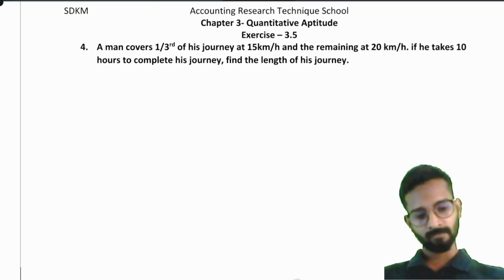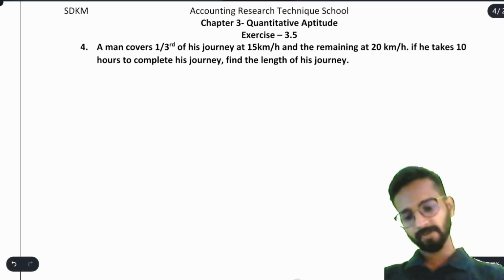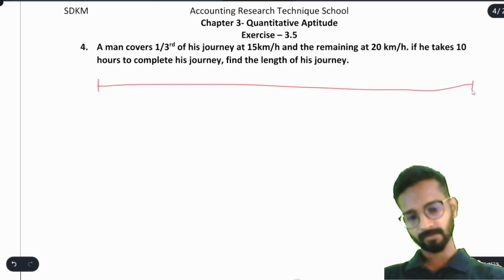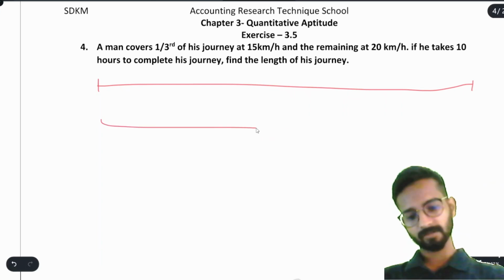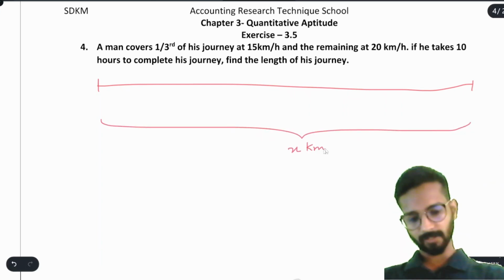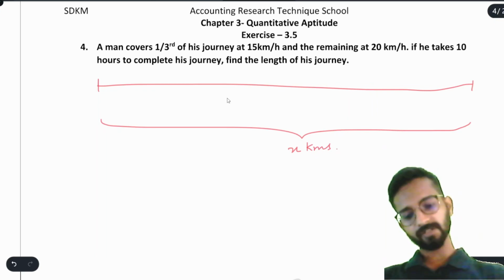See. Now, how can we read this? If we draw a diagram, it will become very easy to interpret the data. Suppose this entire distance is x kilometers. Okay. 1/3 of his journey at 15 kilometers per hour.